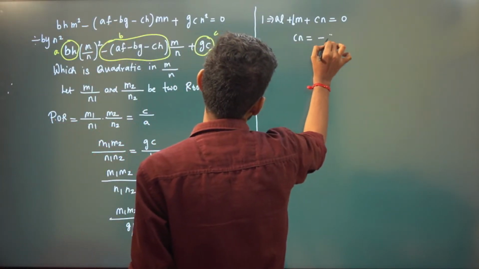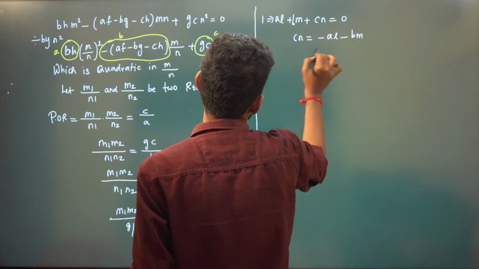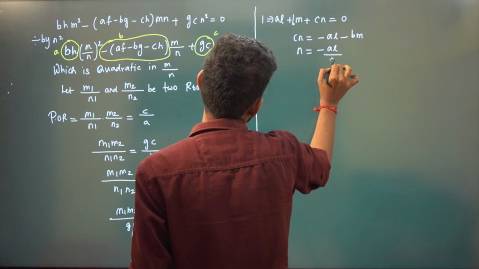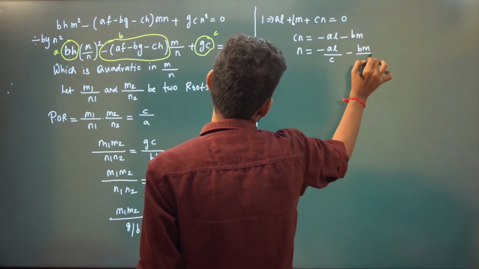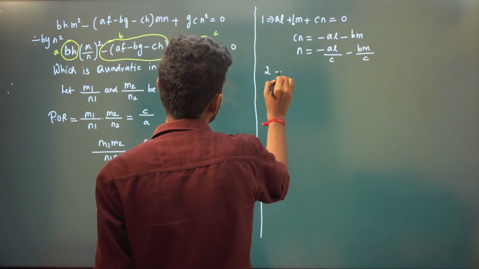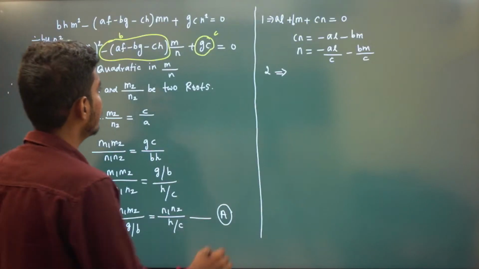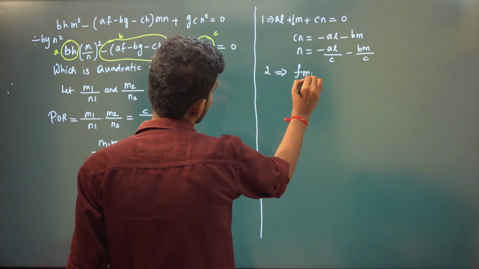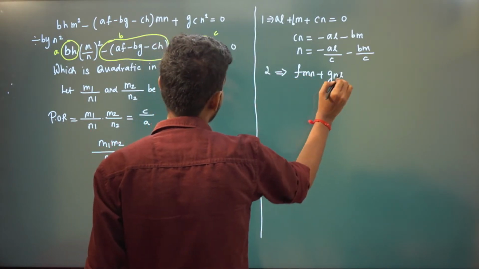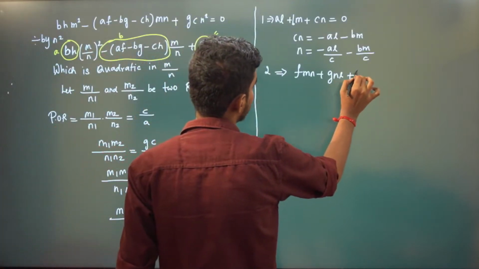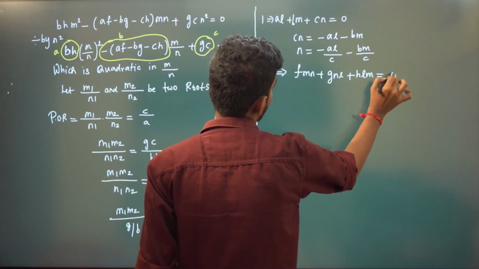So we have Cn is equal to minus AL minus BM. So we have N is equal to minus AL by C minus BM by C. Now substitute back in 2. So what is 2? So 2 is FMN plus G times NL plus H times LM is equal to 0.